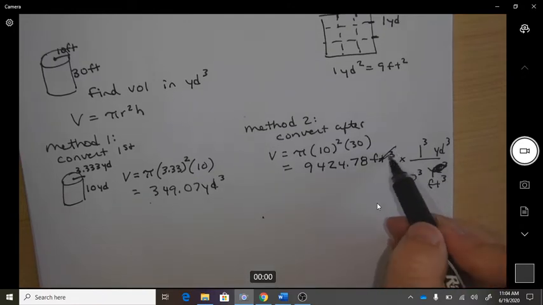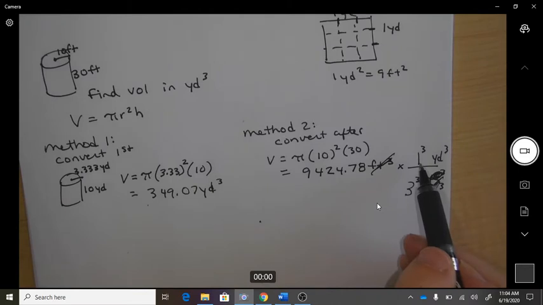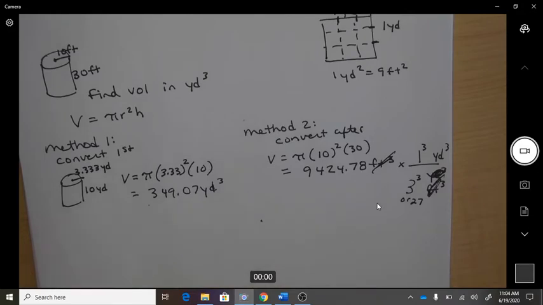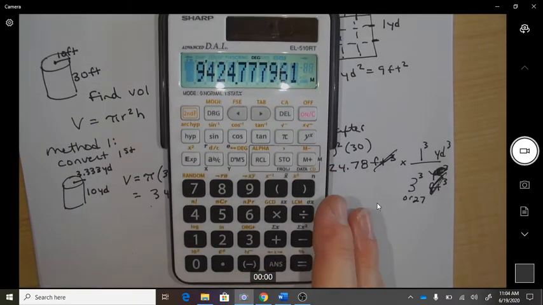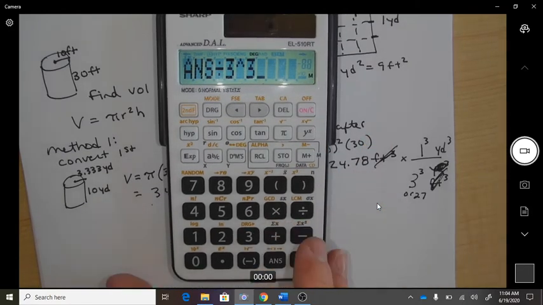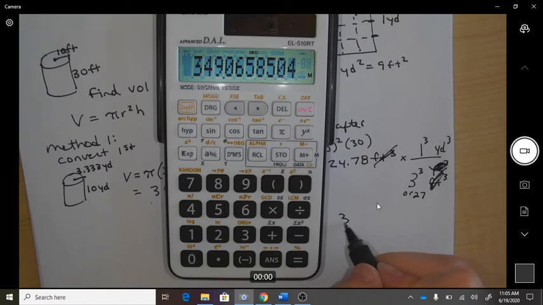So the feet cubed are going to be gone. I have to take this times 1 and divide it by 3 cubed, or 27. So that number divided by 3 cubed. And I get the exact same answer.